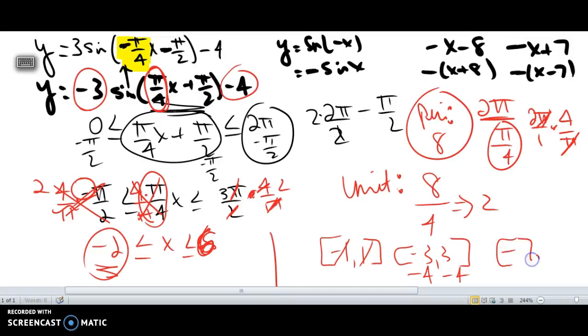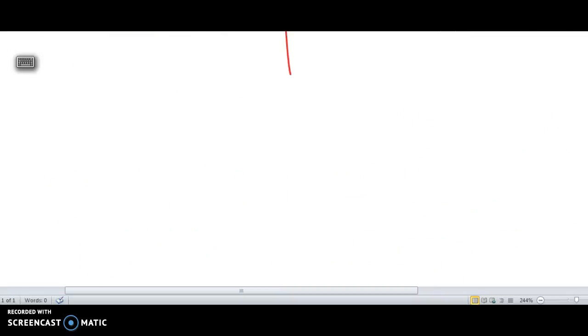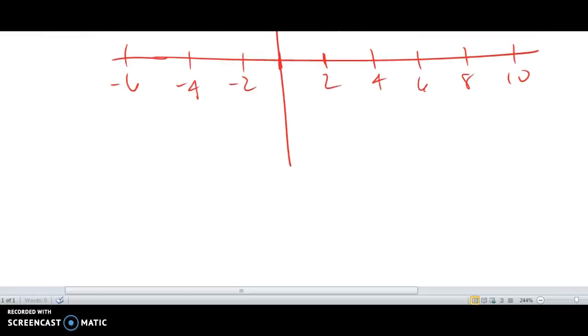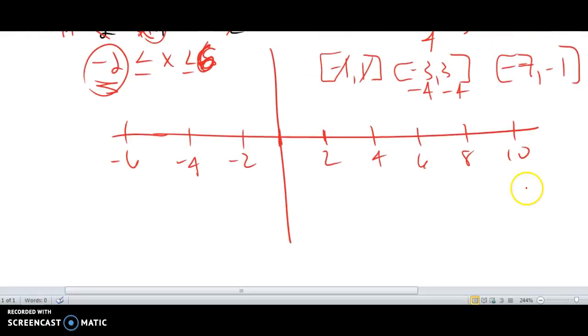So -7 and -1. So as far as down here goes, -7, -1 is where we're dealing with. So here's -1, -2, -3, -4, -5, -6, and -7.